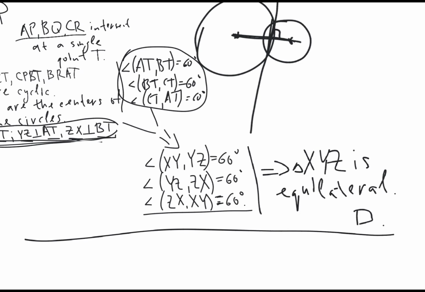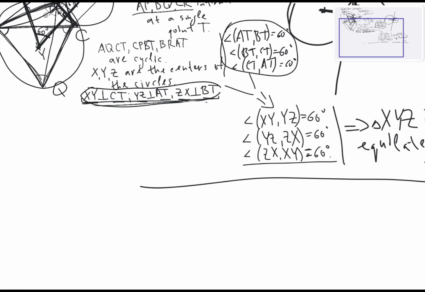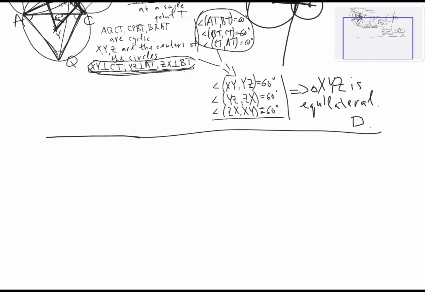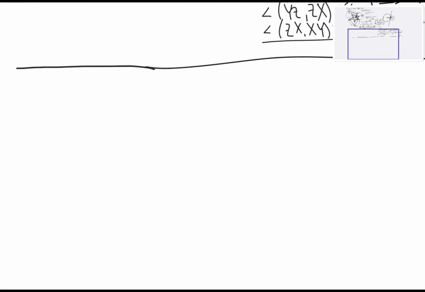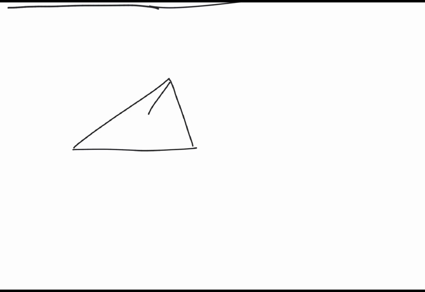So yeah, for the second theorem for the inward triangles, the proof is similar. So let's briefly repeat the argument. So we have this arbitrary triangle. We construct these triangles.